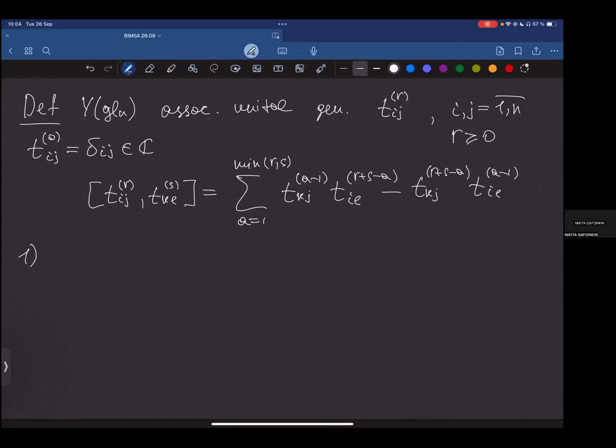The first property is that the Yangian is a filtered algebra with respect to the following filtration. Then it's not very difficult to see that the associated graded algebra of the Yangian with respect to this filtration is commutative.